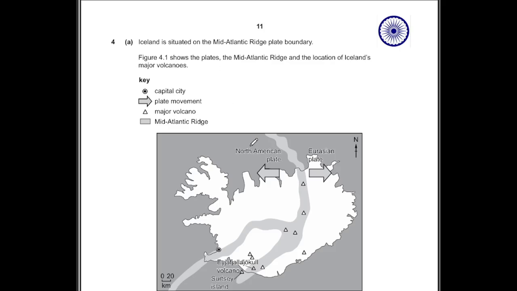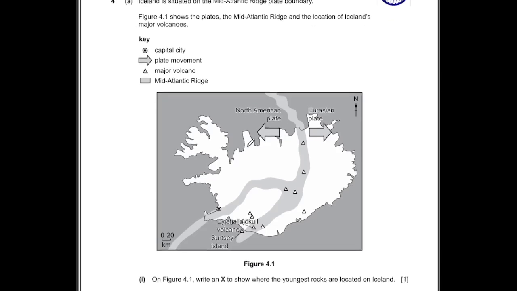Iceland is situated on the mid-Atlantic ridge plate boundary. Figure 4.1 shows the plates, the mid-Atlantic ridge and the location of Iceland's major volcanoes. So where are the major volcanoes? The mid-Atlantic ridge is here. A major volcano is in the form of a triangle, with plate movement and the capital city also shown. Where do we see a major volcano?